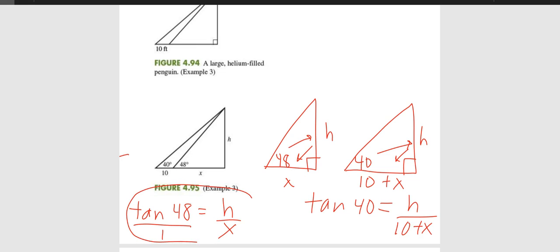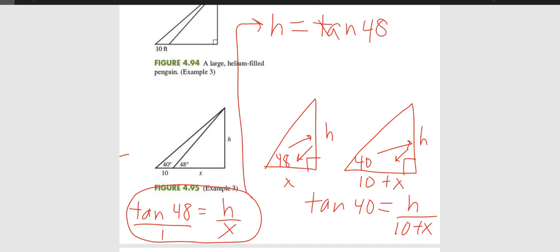What would this first equation look like if we solved it for H? Equals X, or tan 48X if you want, whichever you prefer. Tan 48 times X, right? What would the other one look like if we solved it?